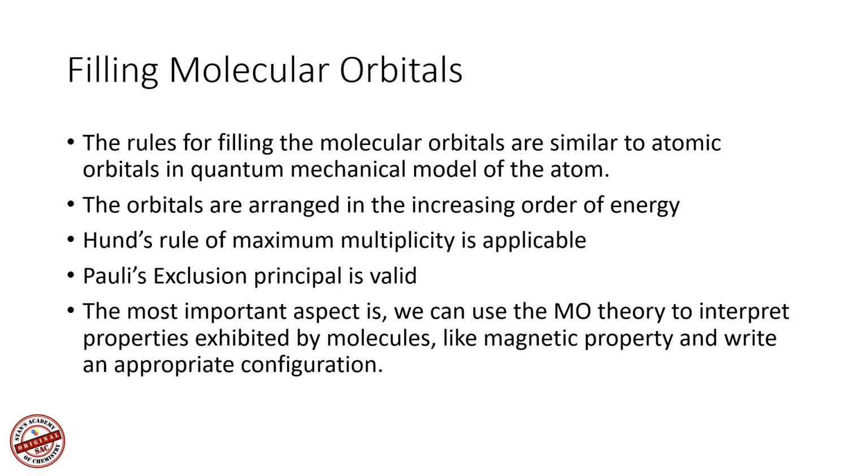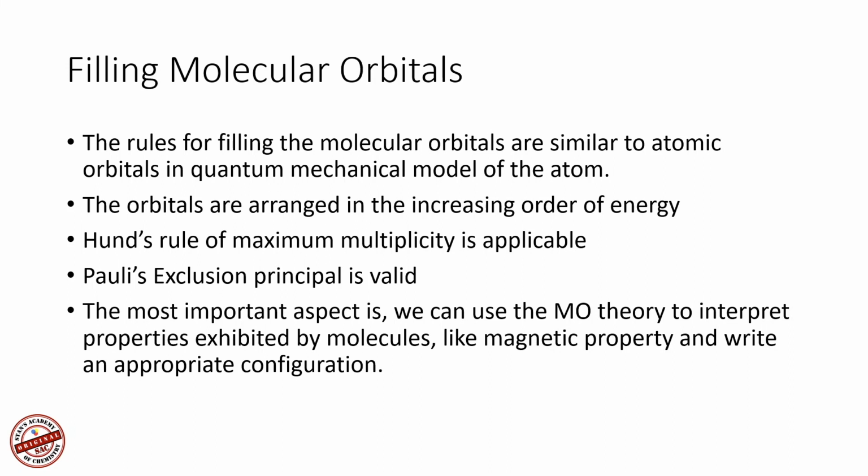Most of the time, a theory supports an experimental observation. We can calculate the magnetic moments for many of these diatomic molecules, and what we find is that we are unable to explain their magnetic properties by using valence bond theory. On the other hand, molecular orbital theory is capable of explaining the magnetic property of many of these diatomic molecules between similar atoms or between different atoms.